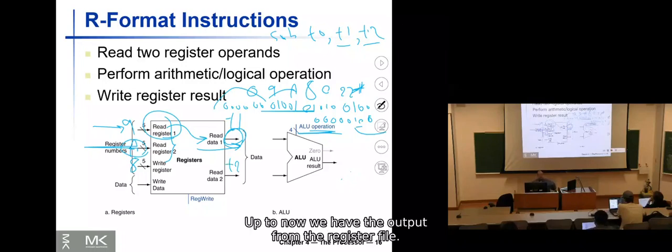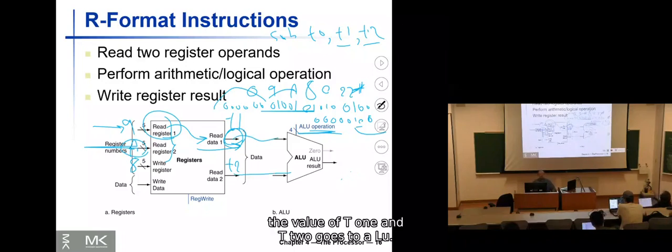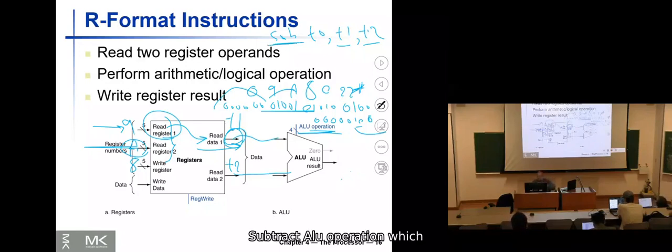Up to now, we have the output from the register file. Now these two go to the ALU. So the values of T1 and T2 go to the ALU. And what should be done? Subtract. So the ALU operation, which is calculated by the controller, now would be subtract.